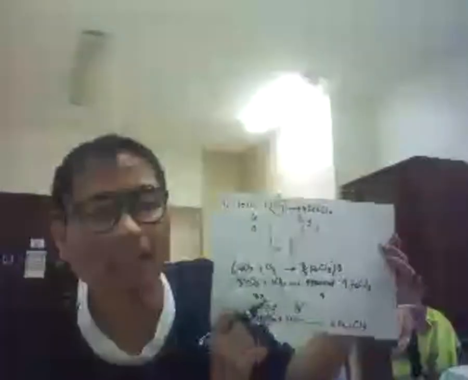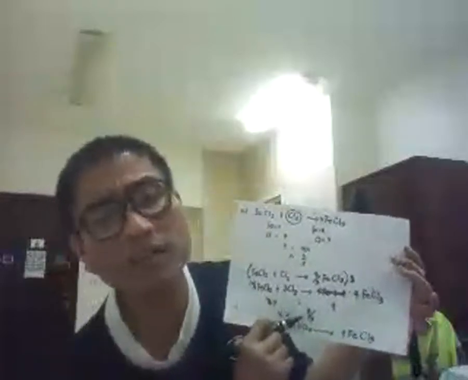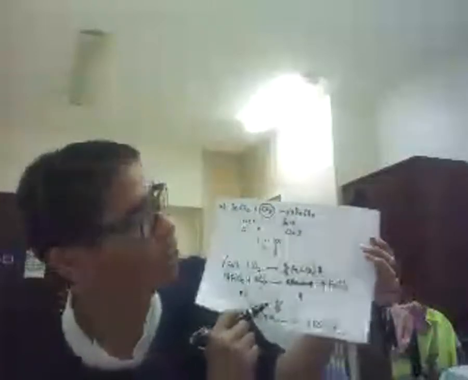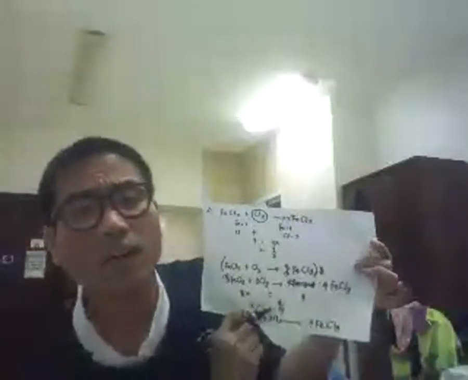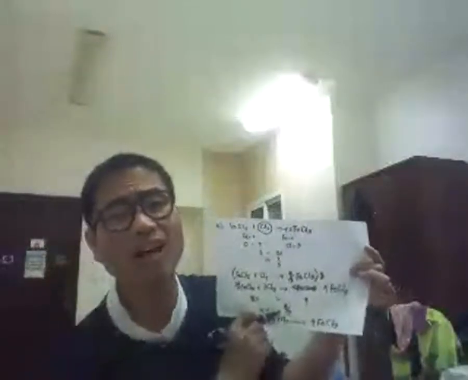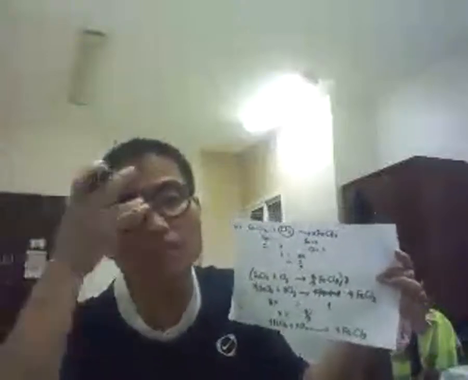So in your reaction, this chlorine could have been a solid reacting with FeCl2, not the gas. Why? Because it produces iron chloride. Don't you think that if you add chlorine gas, it will produce a solid? Just common sense.